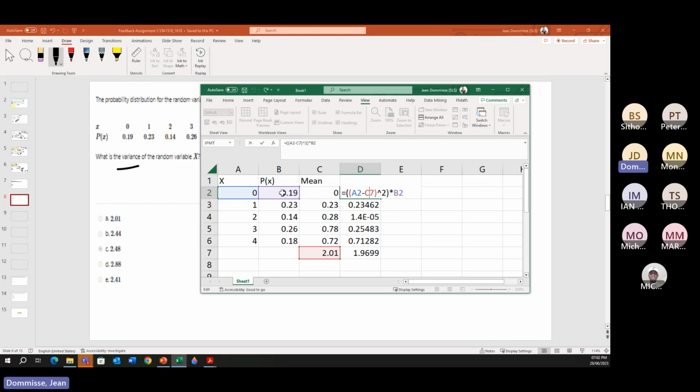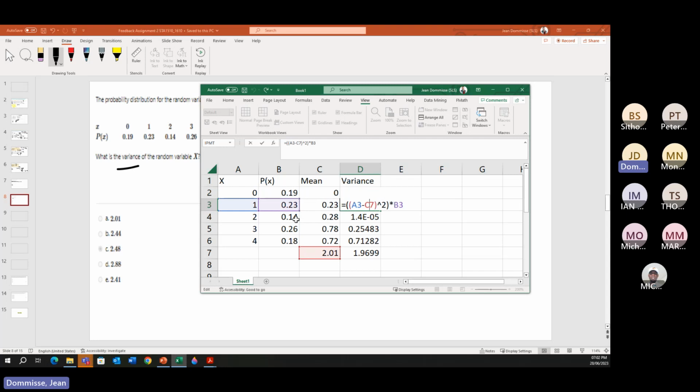And so the variance for discrete is x minus the mean to the power of 2 times probability of x. Okay, so that is correct.